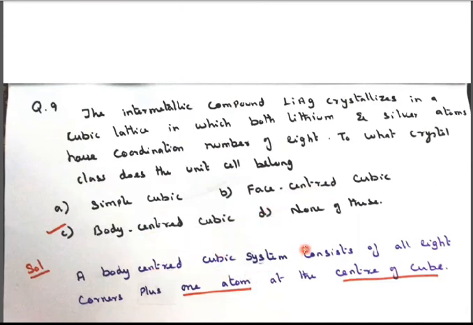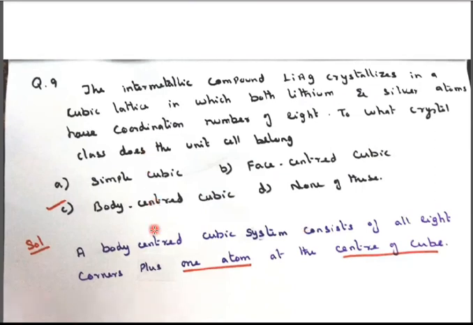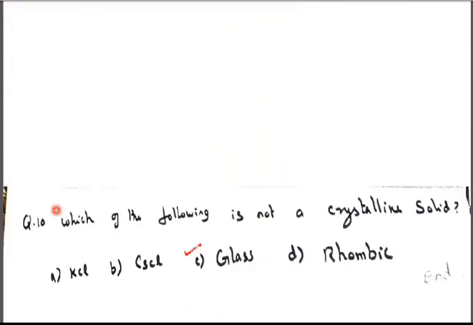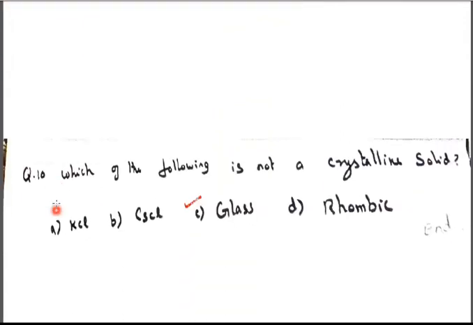The body-centered cubic consists of all 8 corners plus 1 atom at the center of the cube. So it should be body-centered cubic. Option is C.